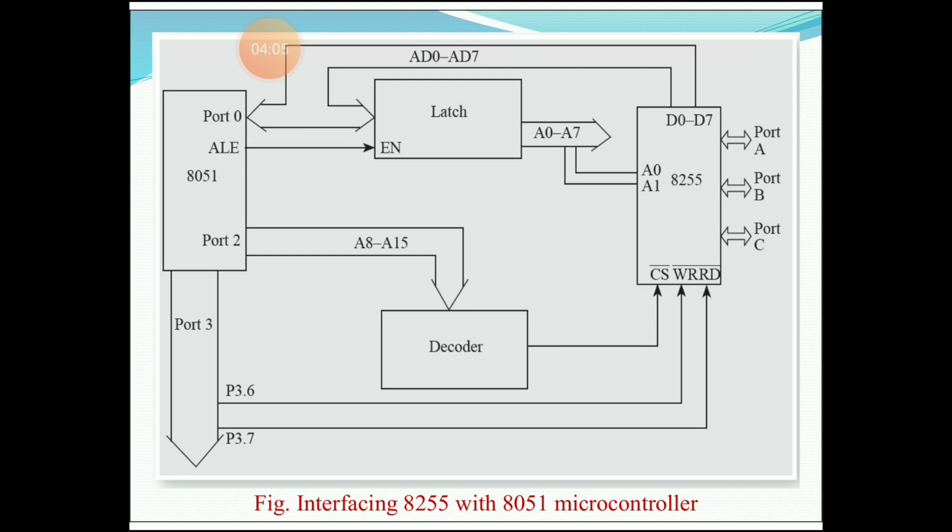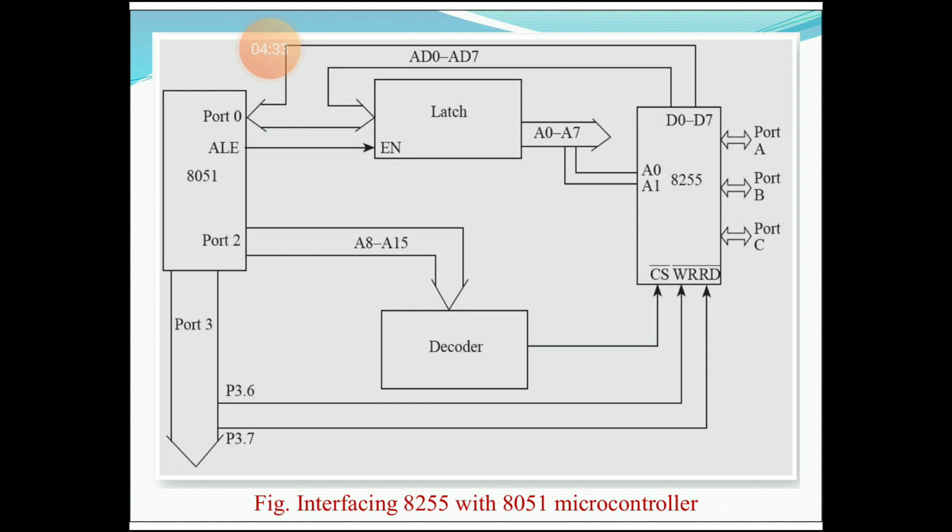From these 8 address lines, only 2 address lines, A0 and A1, are connected to the 8255 address lines A0 and A1. And port 3 pins P3.6 and P3.7 carry the write control signal and read control signal which enable the 8255 to perform either a read or write operation.